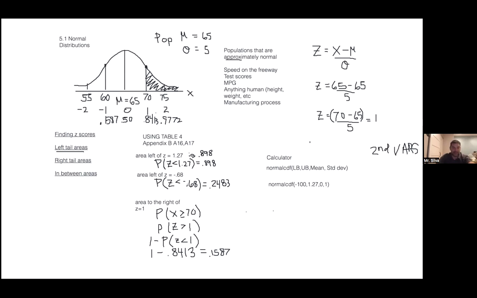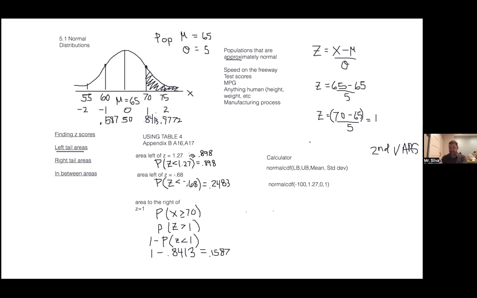I'm using a really small z-score, like negative 100, all the way up to 1.27. The mean is 0, 0 is in the middle, standard deviation is 1. So when I do that, I should get a percentile.